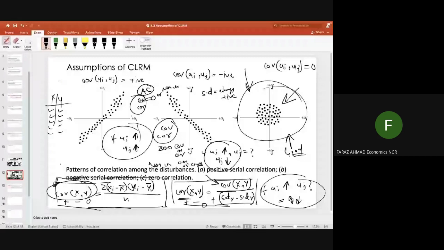Of course, if you want to understand it better, you can go ahead and read more about covariance and correlation yourself, because this is not the right platform for me to expand that much on covariance and correlation.